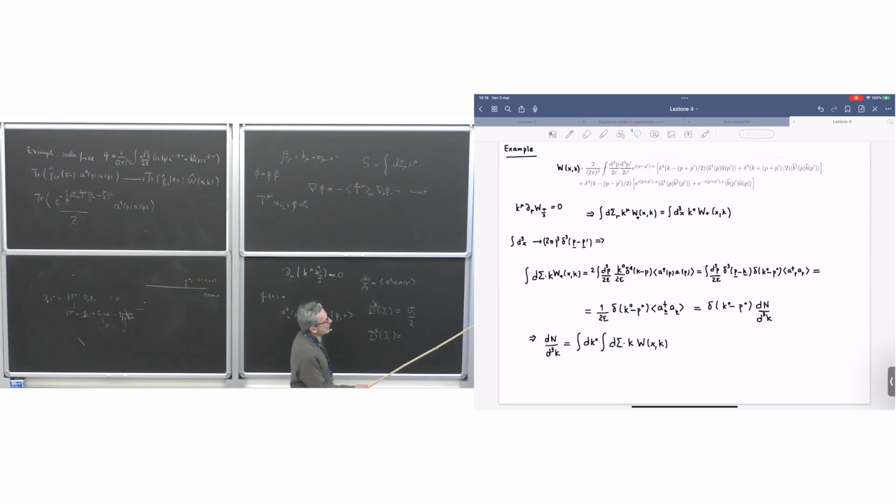So in other words, the integral of d sigma dot k W plus (x,k) becomes twice this factor, (2 pi)^3 simplifies, and we have d3p over twice the energy, then k^0 over twice the energy, delta4(k minus p), and then we have a dagger(p) a(p). Good? Then we can split this delta4 into delta3(p minus k) and delta(k^0 minus p^0).